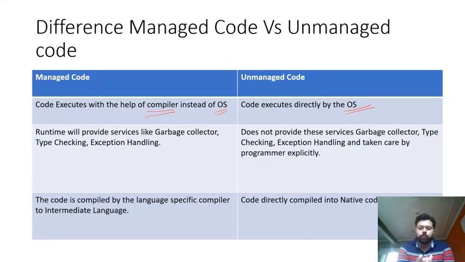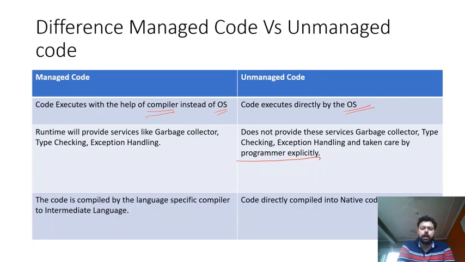So in unmanaged code, how do we handle these services? These services can be handled by the programmer explicitly, which means the programmer will write a piece of code for these services. For example, if you want to deallocate the memory, the programmer should write a piece of code for deallocation of memory.